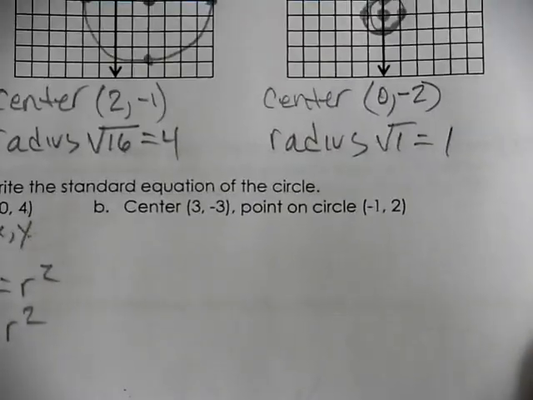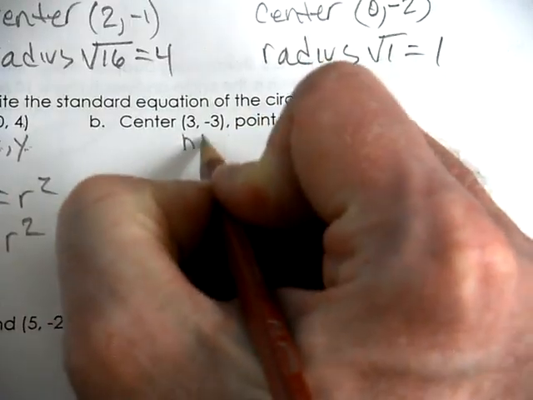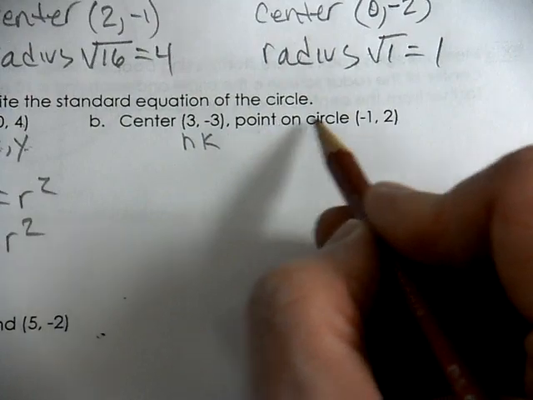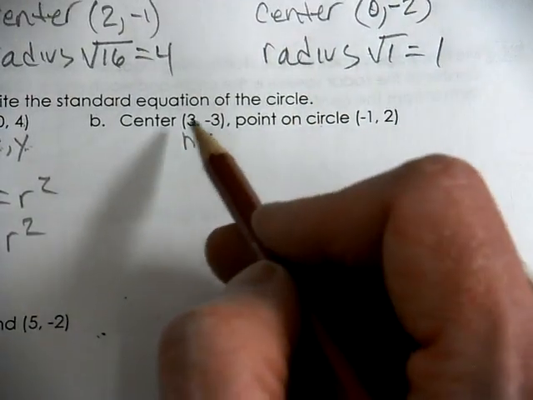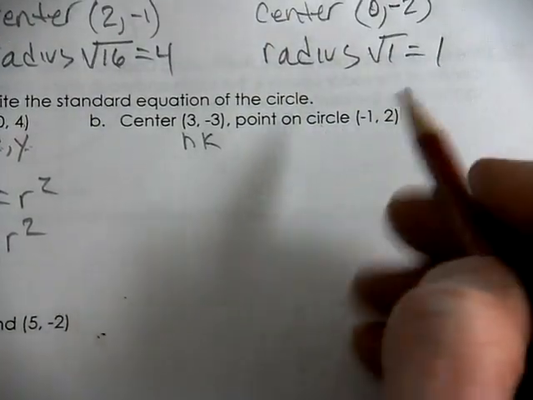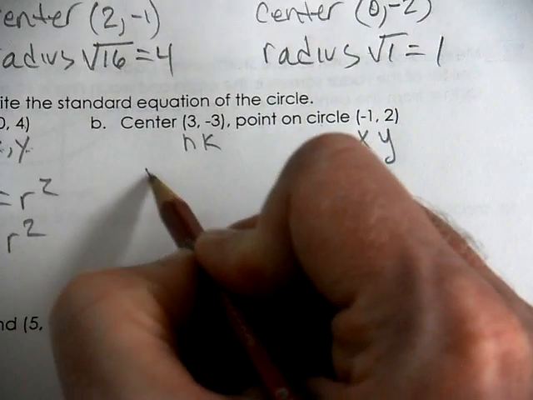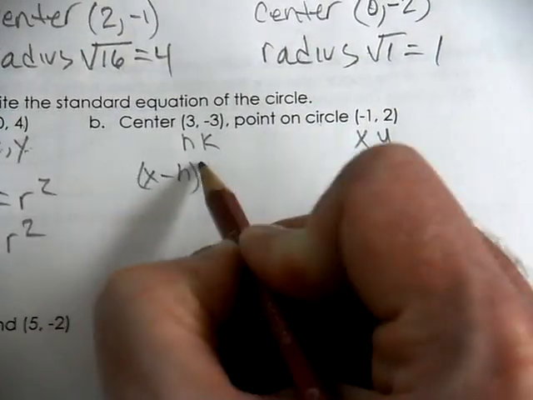Okay, this one's going to be pretty much the same. We're given a center, which is h and k. We're given a point on the circle, which is not vertical or horizontal to here. So you need to know this method, which is x and y. You're given your equation.